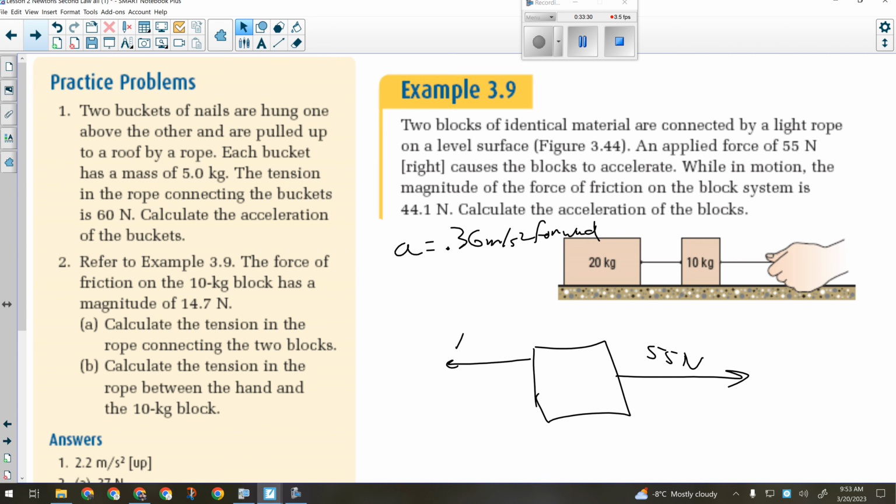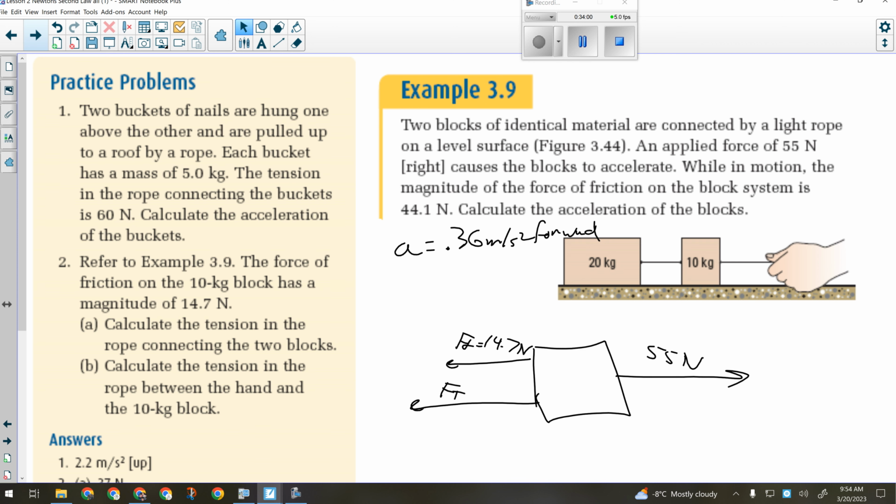has a force of friction resisting of 14.7 newtons, and what's the other force pulling on the first block? The 20 kg block. That's the tension in the rope. The only reason there's tension in that rope is because there's 20 kilograms hanging out on the other end of it. So that is the other force. Can I calculate the net force?